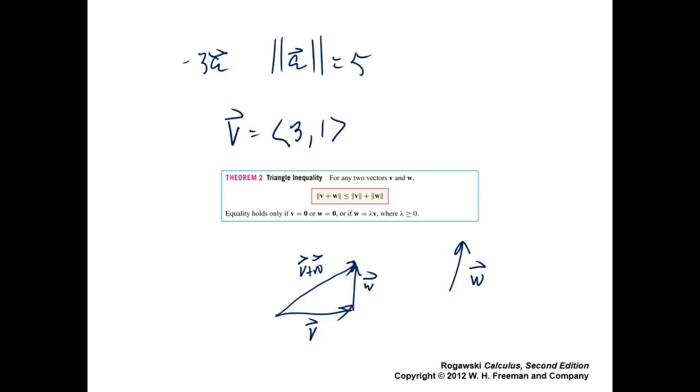What should be your first guess? Okay, let's draw it in. There is vector V. Translate it 2 units to the left.